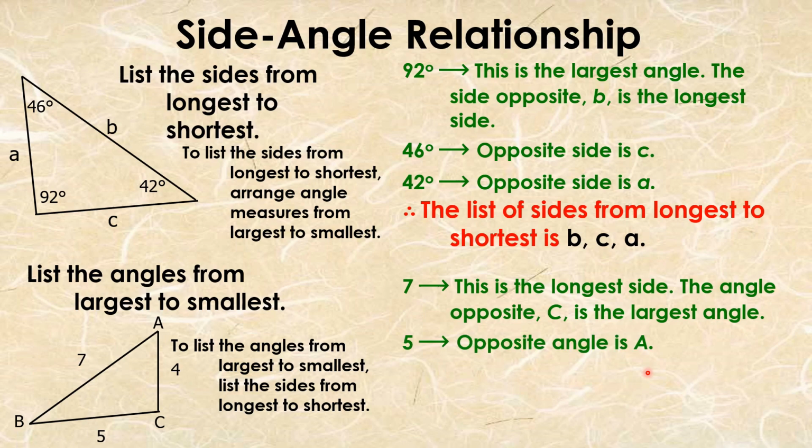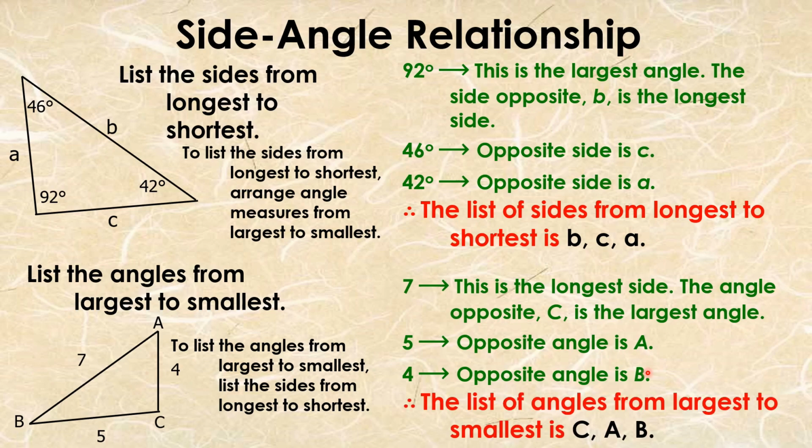Next is 5, that means the angle opposite 5, A, is not the largest, it is the middle size angle. 4 is the shortest, therefore B is the smallest angle. Therefore, the arrangement of the angles from largest to smallest is CAB.